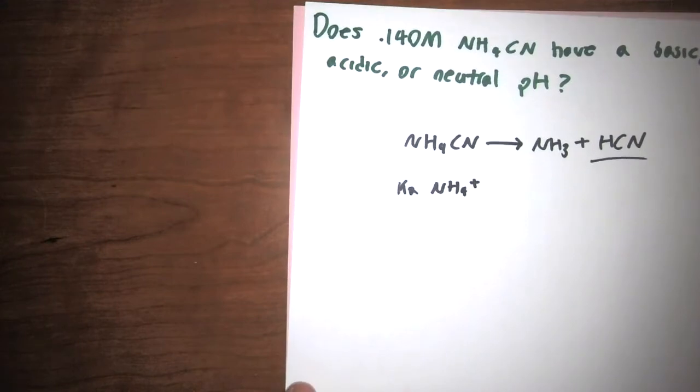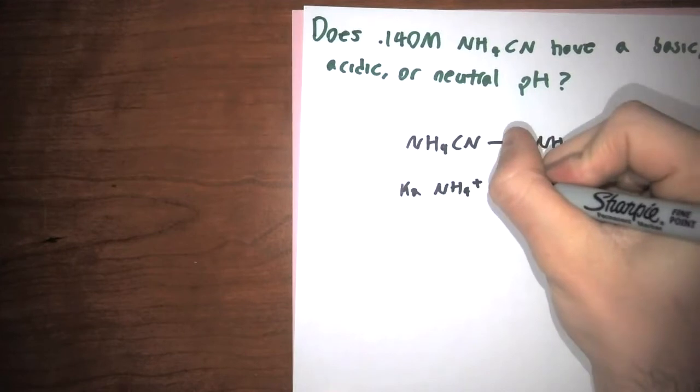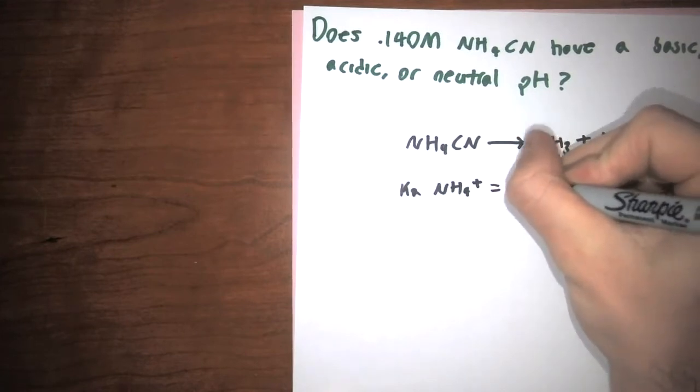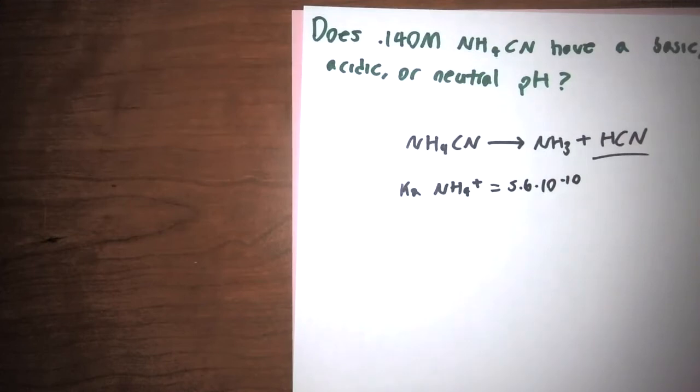We do not expect you to know these. You can look them up when you're doing the homework or book problems. The Ka here is equal to 5.6 times 10 raised to the negative 10.